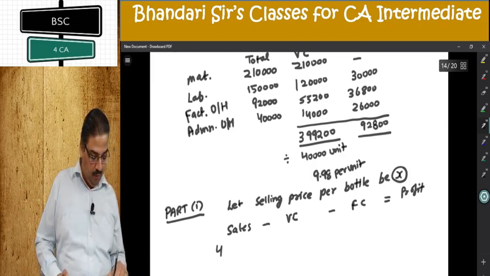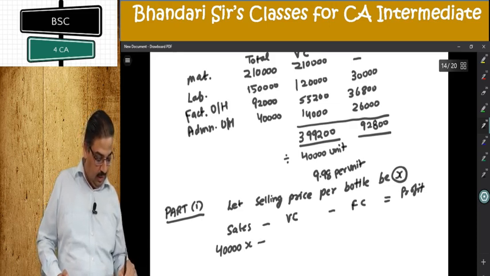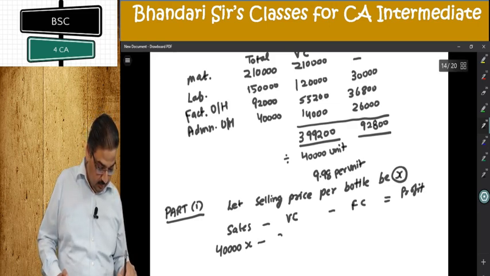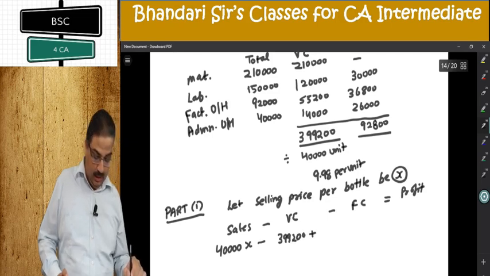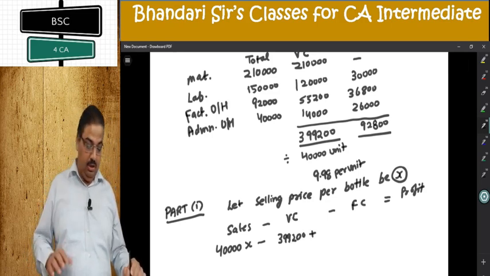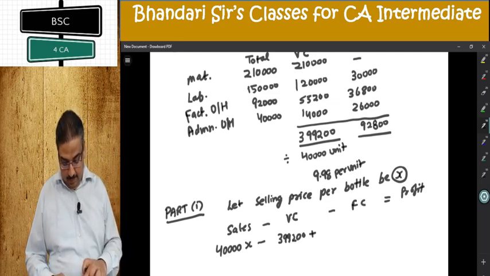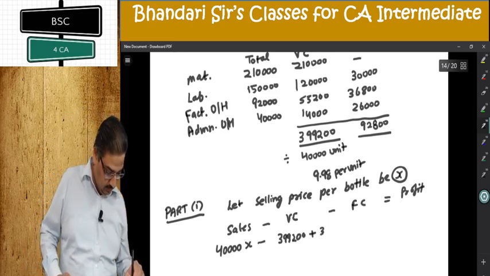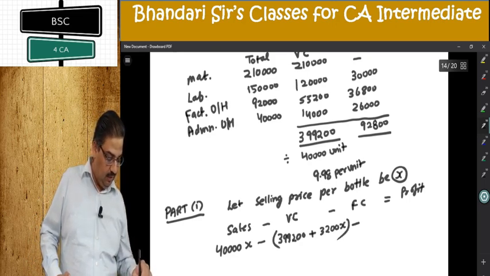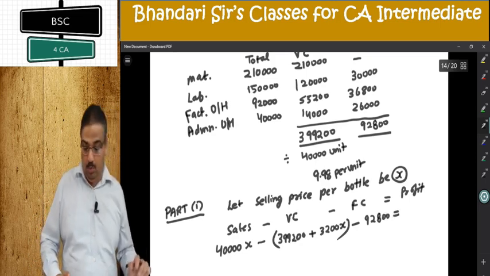What will be sale? 40,000 X. What is variable cost? Variable cost is 399,200 plus 8% commission on sales. 40,000 into 8%, 3,200x. Minus fixed costs, 92,800 should be equal to profit.